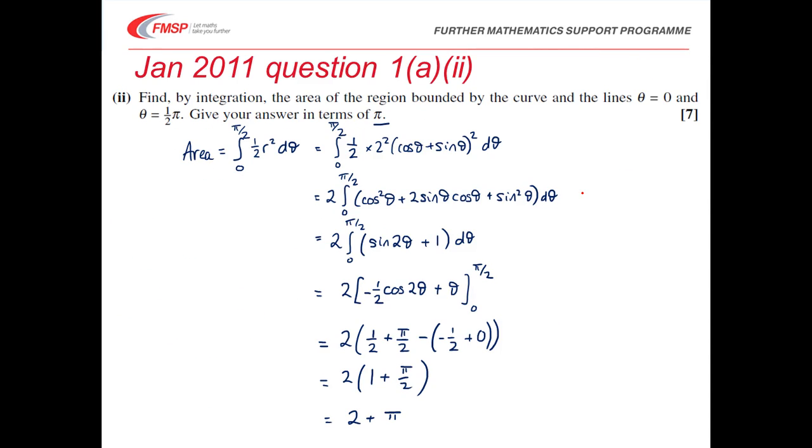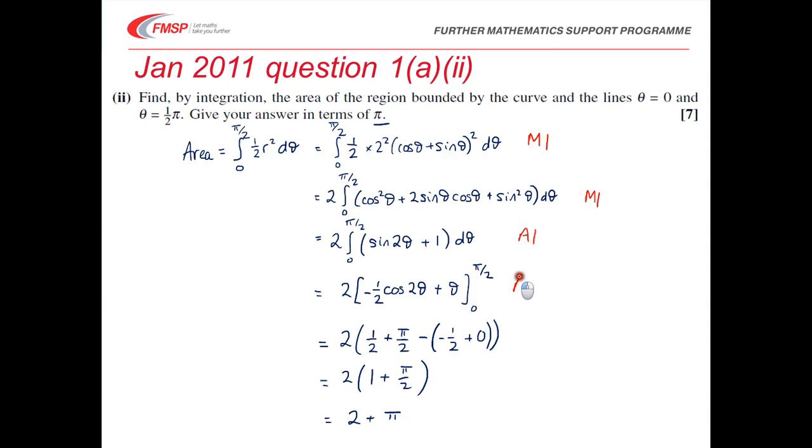For part 2, there's a method mark for taking the standard form and substituting in our formula for r. There's a method mark for tidying it up. There's an accuracy mark for using the identity cos squared theta plus sine squared theta and getting sine 2 theta.